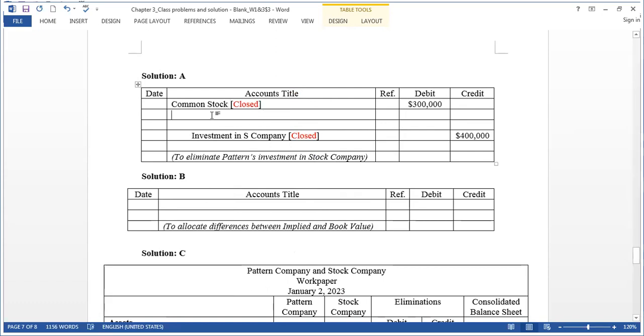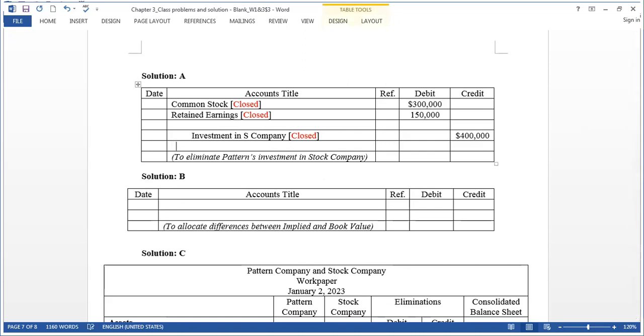Then we have to close the retained earnings. This question has retained earnings, and we are going to close it. What was the retained earnings? According to this question, $150,000. This is given in the question. We close common stock and retained earnings. We closed investment. Then we have to establish NCI.